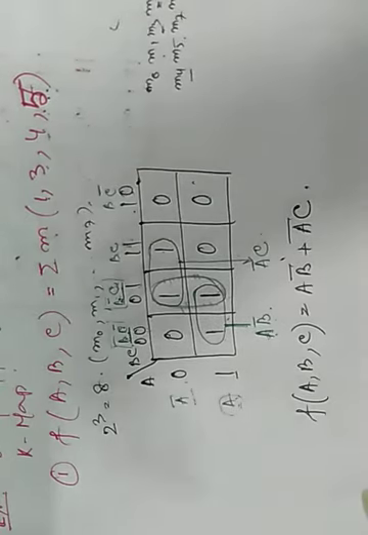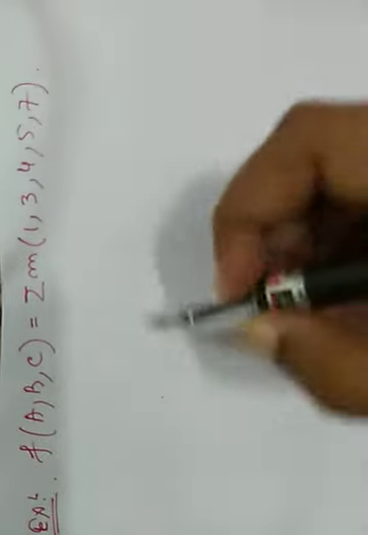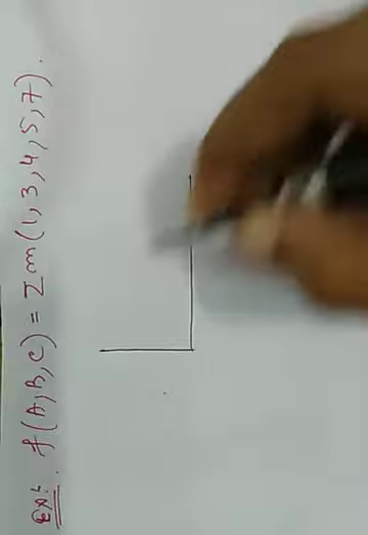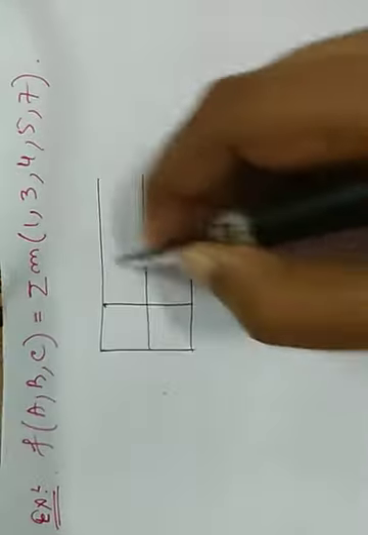Okay, now let us see another example. Here also there are three variables, and this is our min term value. For three variables our combinations are 8 combinations.